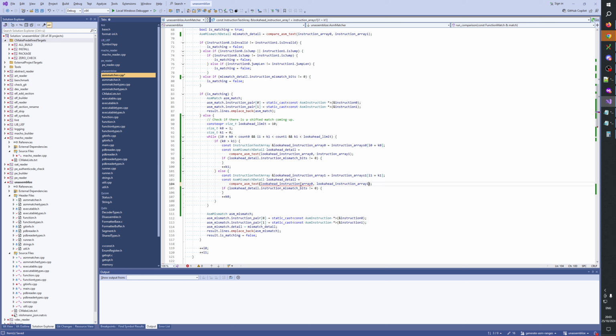So this is 1 and here instruction array 0. Yeah. Good. So if the look ahead instruction is not mismatching, it means we have a shifted match.